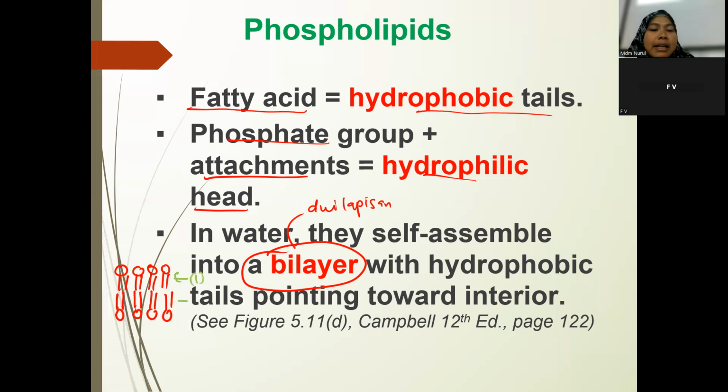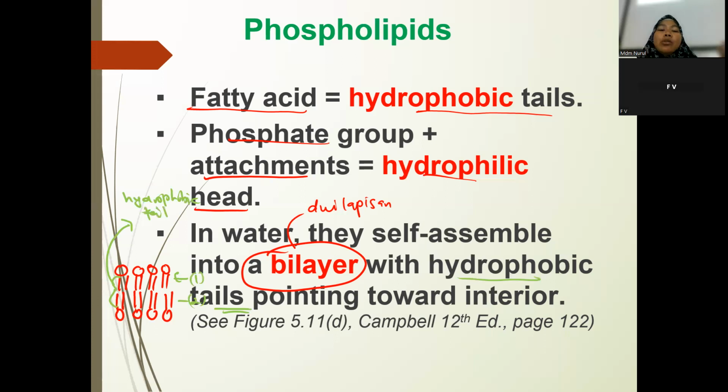Ini adalah lapisan yang kedua. Where you can see that hydrophobic tail pointing towards interior. Bahagian ekor, nampak ni? Dia akan menghadap sesama mereka. Okay, kenapa dia menghadap sesama mereka? Sebab dia tak suka air.